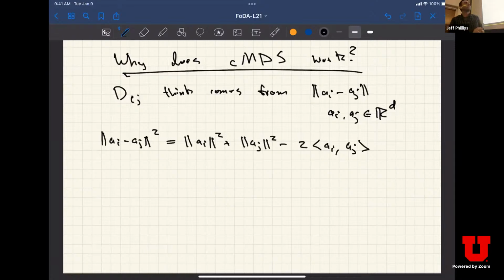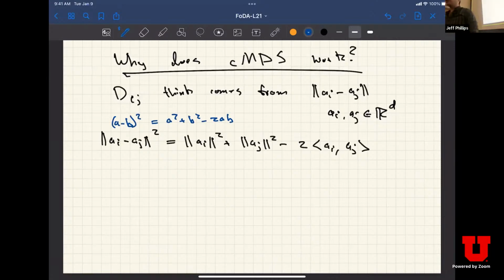If you just looked at scalar values like a and b, and I look at (a minus b) squared, that's equal to a squared plus b squared minus 2ab. So you probably have seen this sort of decomposition of a squared difference before. I can do this in a vector form with norms too. This also works.